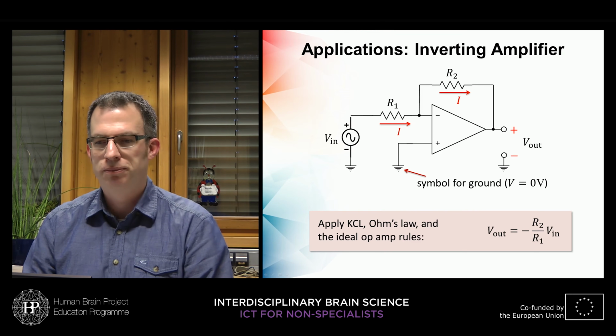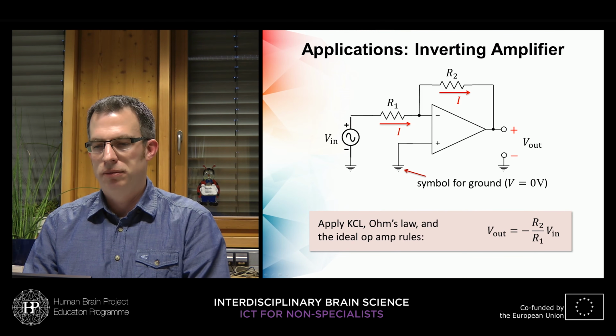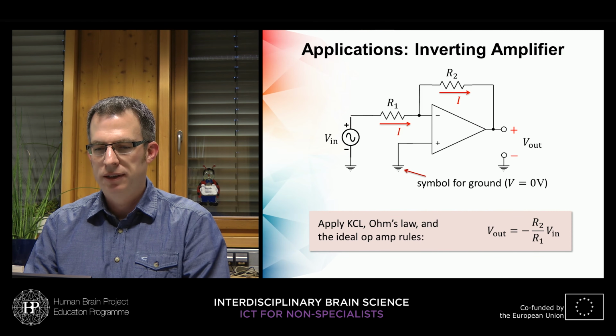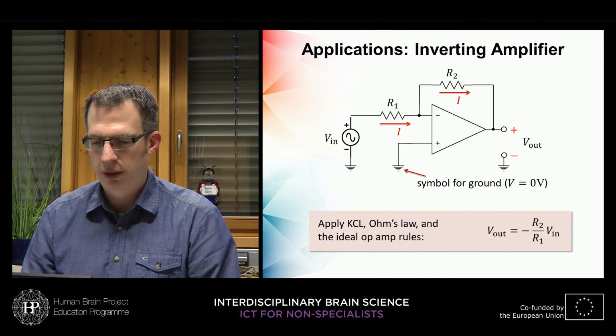We reference our voltage at the output to ground, and all the ground symbols in a circuit are mutually connected. So we have 0 volts here, and all the grounds are connected with each other, right?